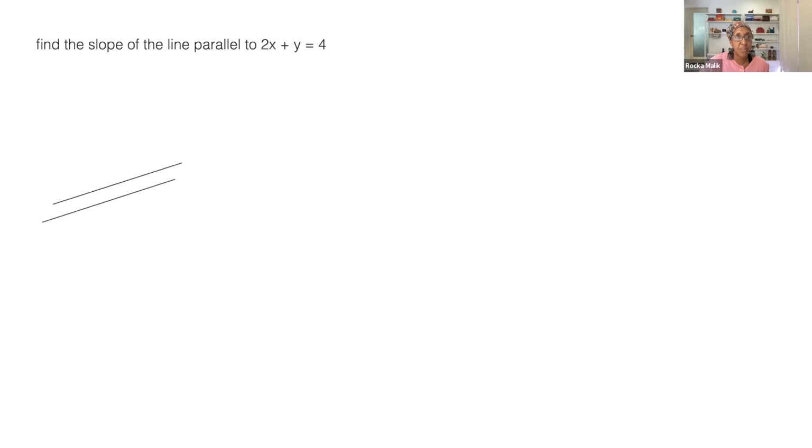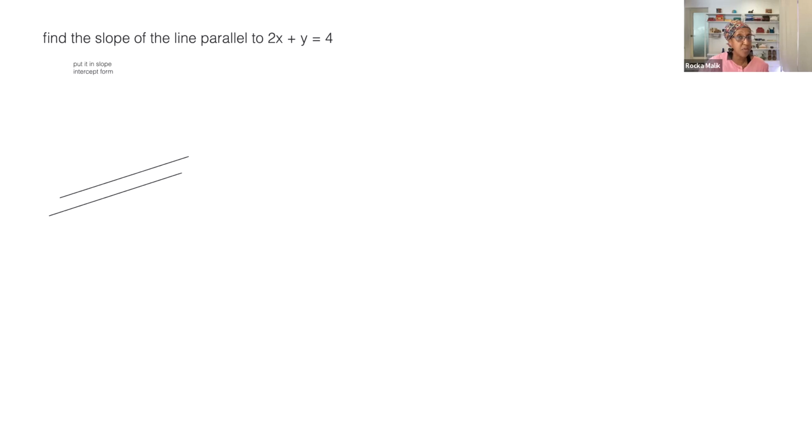Because if I have Slope-Intercept form, then I can see what my slope is without doing a lot of work, which is what we're always trying to save.